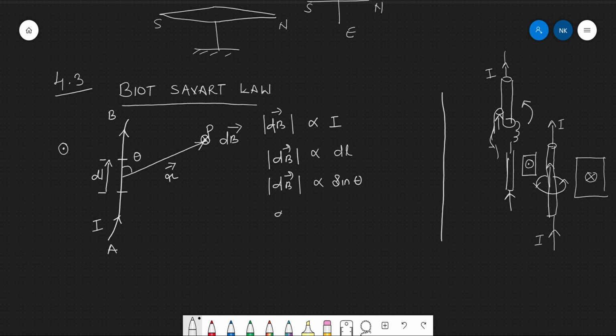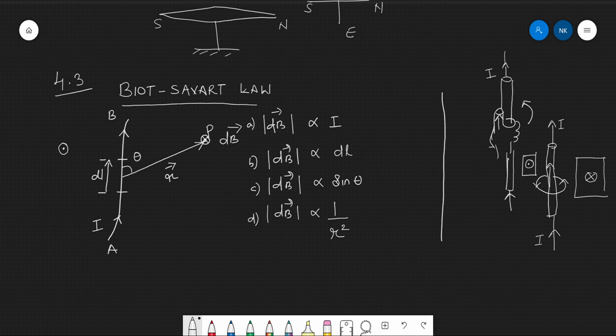Fourth, the magnitude of the small magnetic field is inversely proportional to the square of the distance of separation. These four statements altogether are known as the Biot-Savart law.